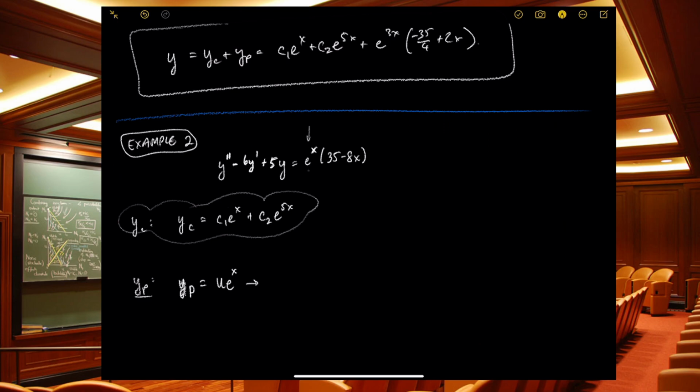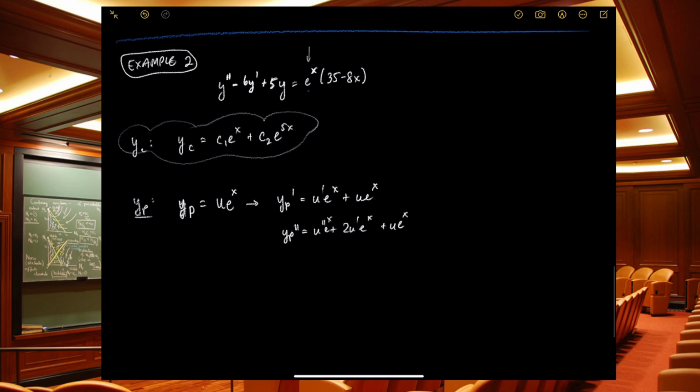So then that tells us that yp prime, y double prime, and so on, e to the x plus u e to the x. Right? So we've got our first, second, and third derivatives. When we throw these back into the original equation, we'll see what happens.